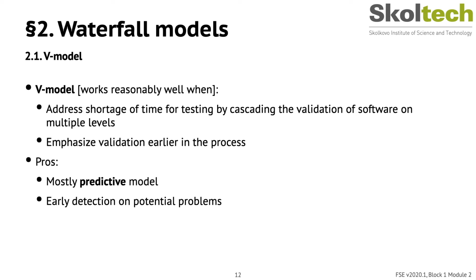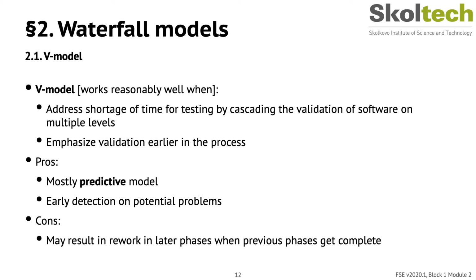You still perform most of the steps basically sequentially, but you get earlier detection of potential problems. And that also may result in rework in later phases, just as in the similar waterfall models that we have discussed previously.